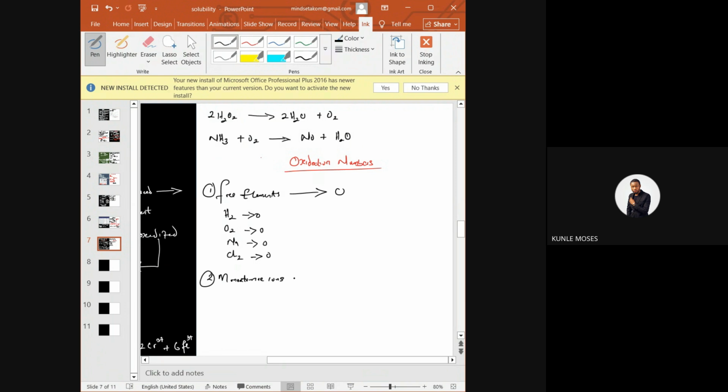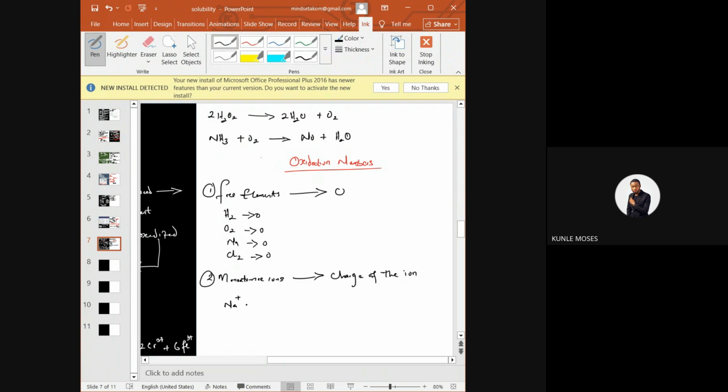Let me just write it for you. So the oxidation number would be the charge of the ion. So if it is just one atom with a charge, its oxidation number would be the charge of that atom. For example, let's say sodium, Na plus.